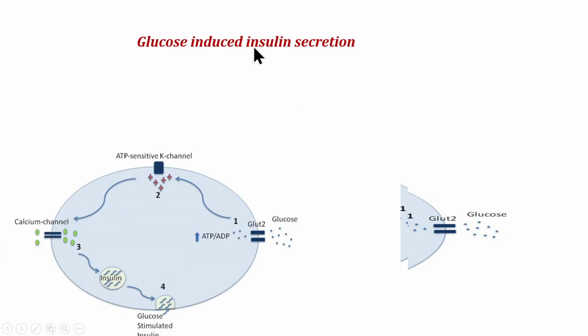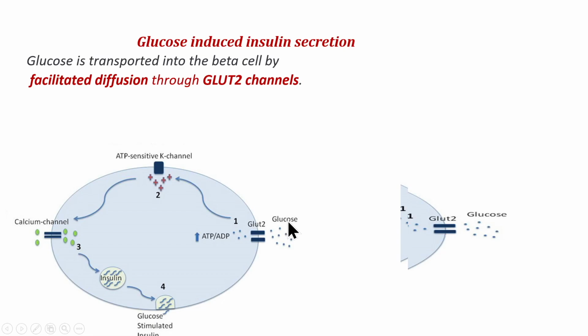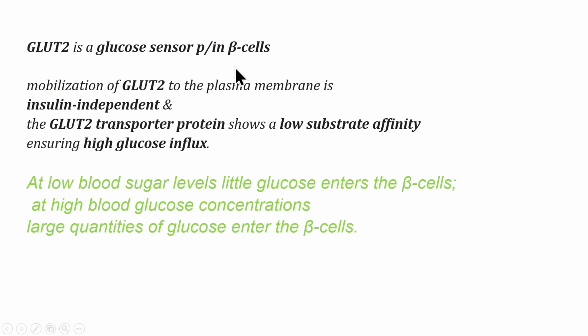Coming to glucose-induced insulin secretion, glucose is transported into the beta cells through these GLUT2 transporter channels, and this occurs through facilitated diffusion. GLUT2 is a glucose sensor in the beta cells.